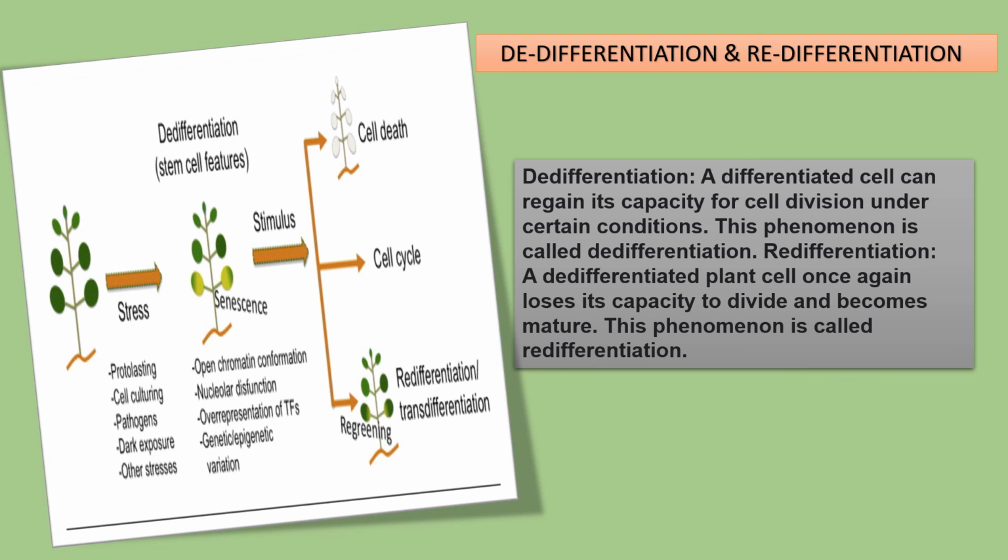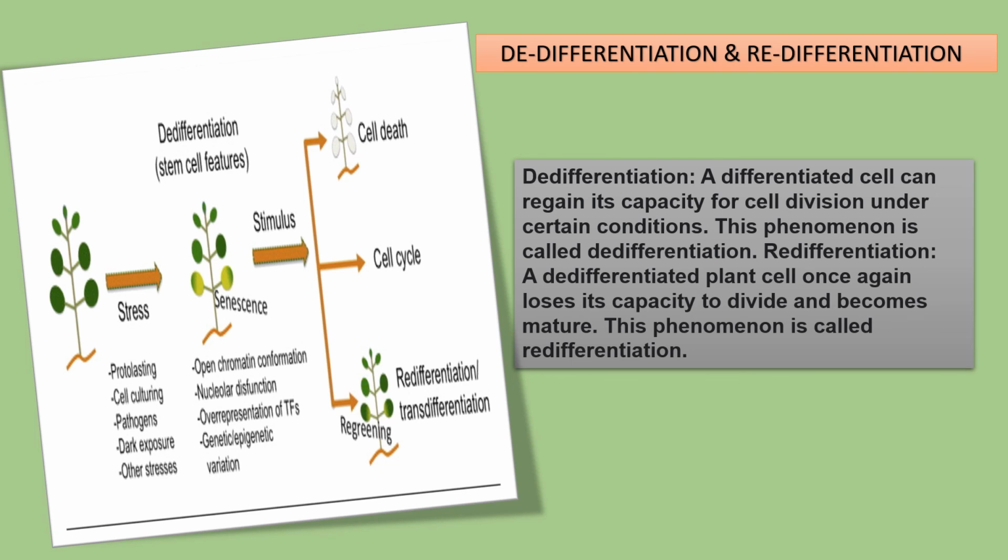This phenomenon is called de-differentiation. And re-differentiation, on the other hand, a de-differentiated plant cell once again loses its capacity to divide and becomes mature. This phenomenon is called re-differentiation in case of plant body.